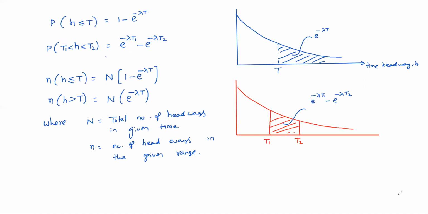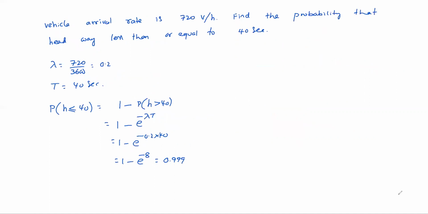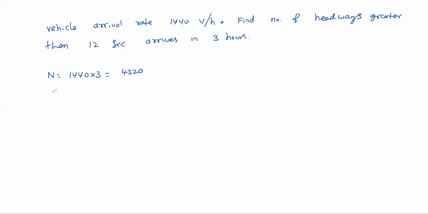Now we need to find n of headway greater than 12 seconds, which is nothing but capital N into probability of headway greater than 12 seconds. Probability into total number is the number of headways that come in the given duration of 3 hours.